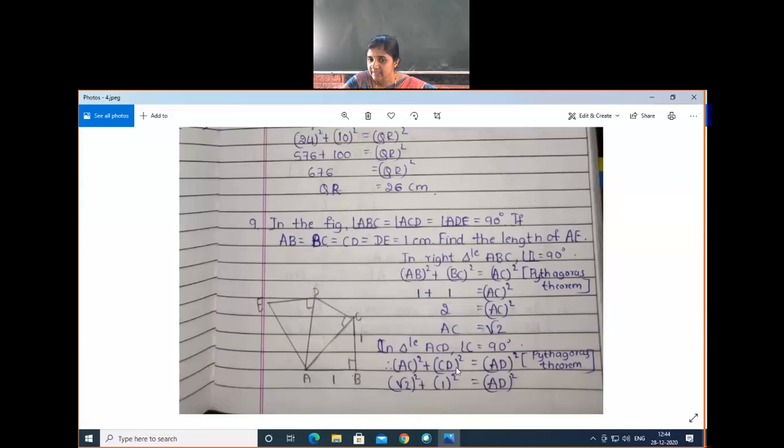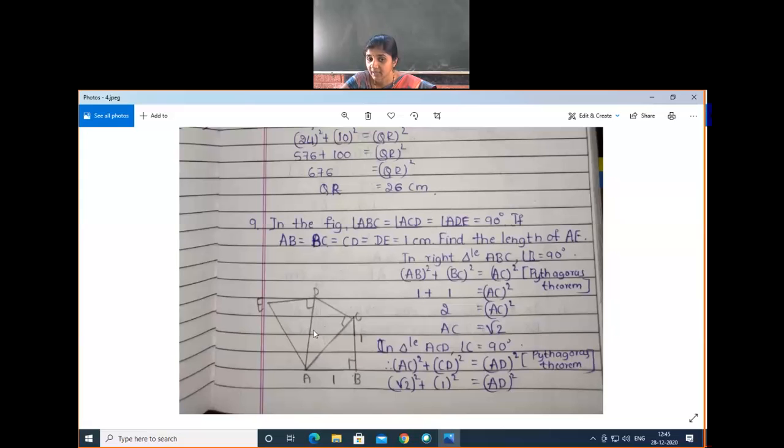AC square is root 2 square plus CD square is 1 square, which is equal to AD square. The square and square root get cancelled, giving 2. 1 square is 1 only. 2 plus 1 is 3. AD square is equal to 3, so AD is equal to root 3.